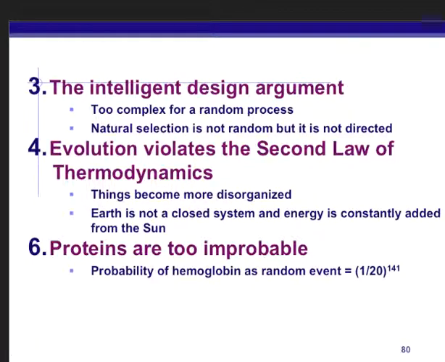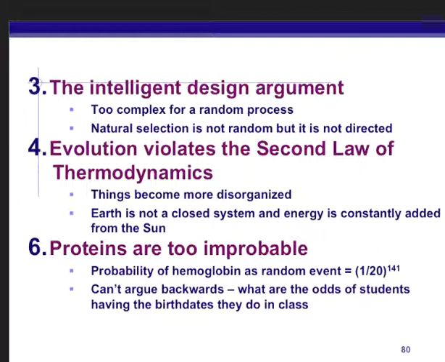That's the probability of it spontaneously coming together as a molecule. And the answer here is that you can't argue it backwards. What are the odds of students having the birthdays that they do in class? You can't argue that it's improbable that they'll have that birthday. They do have that birthday, so it's a logical fallacy.